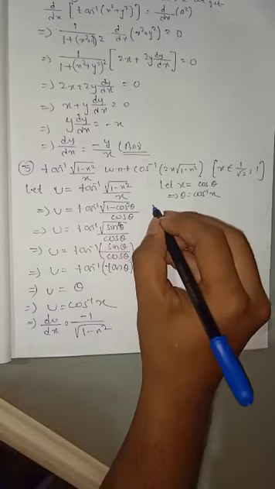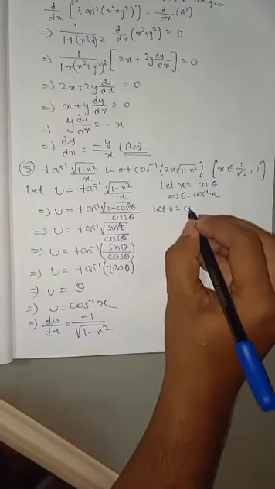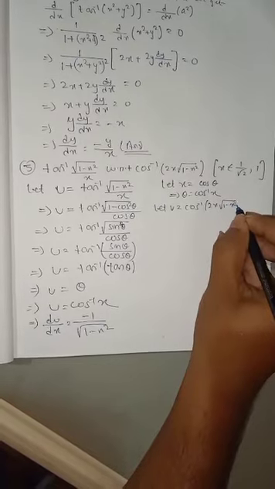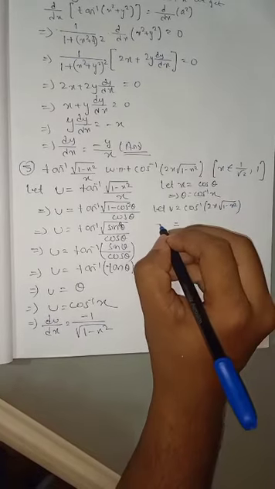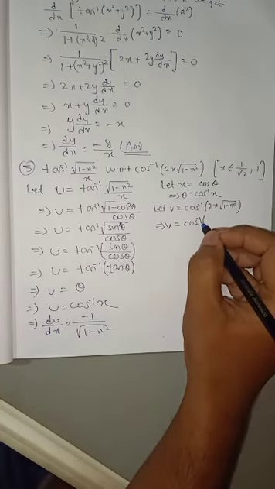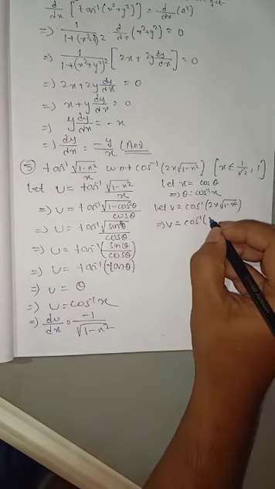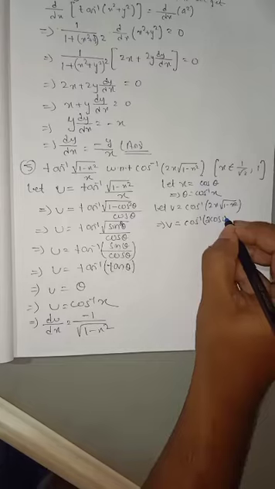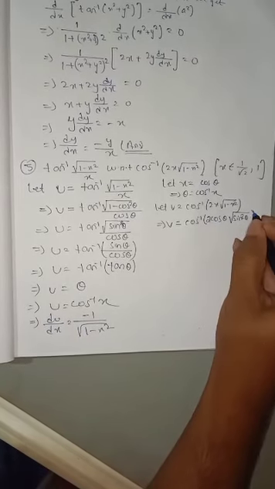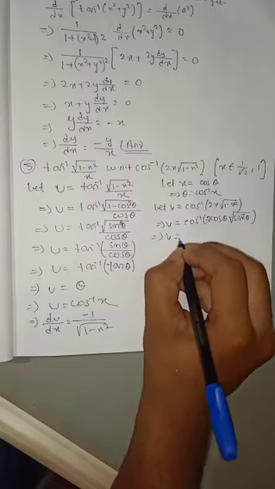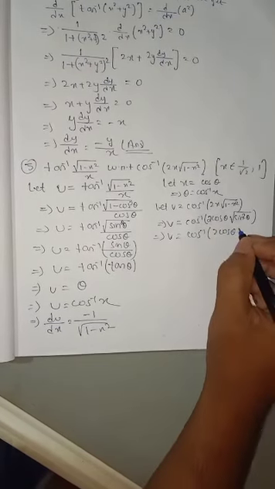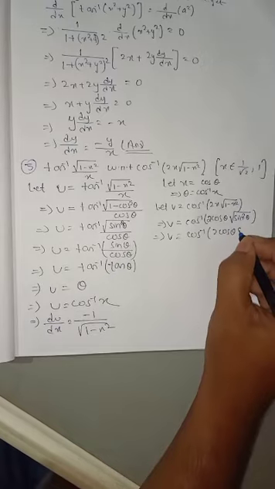Same thing, let v is equal to cos inverse of 2x root 1 minus x square. So v is equal to cos inverse of 2 cos theta, root over of sin square theta, which is sin theta.